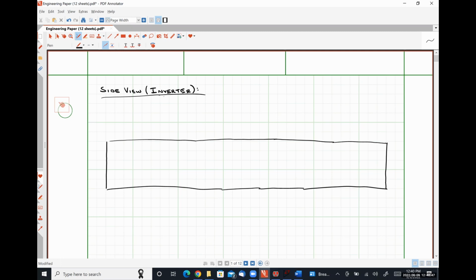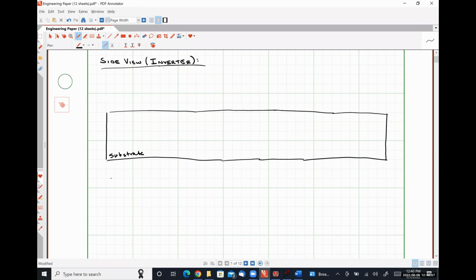So this portion right here is our substrate. And I'm going to try to make a little legend here to differentiate what the different layers are. Okay.